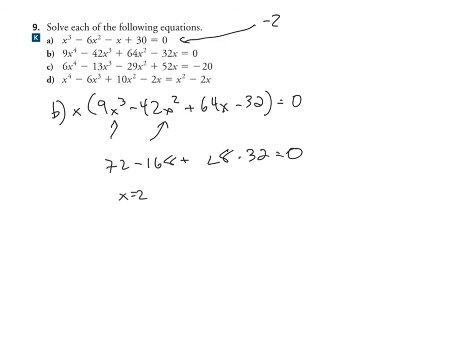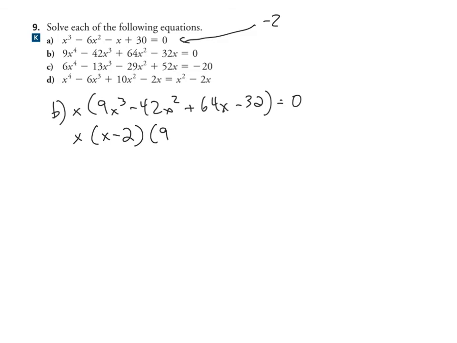Let's get this erased. So this is x minus 2 times, this is going to be 9x squared minus 18. So it's going to be minus 24x. That's going to be plus 48, so another d plus 16.